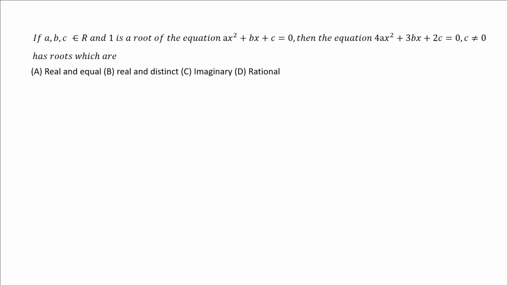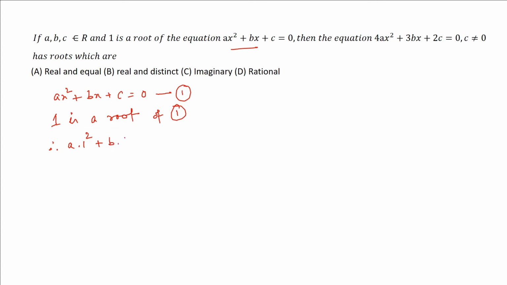Here it is given that ax square plus bx plus c equal to 0, and 1 is a root of this equation. Therefore, a into 1 square plus b into 1 plus c equal to 0, which implies that a plus b plus c equal to 0.